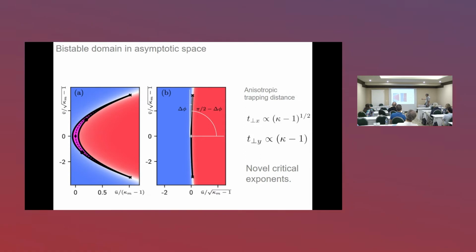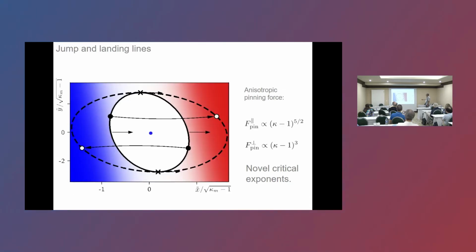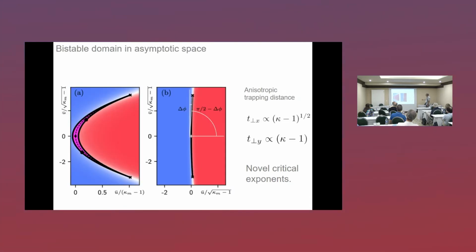And then what was an ellipse here is a narrow crescent. This size is square root of kappa minus 1, like the size of this ellipse. But this size is actually not square root of kappa minus 1, but kappa minus 1. So this is just a rescale of that.